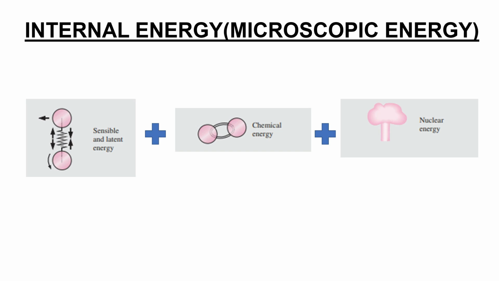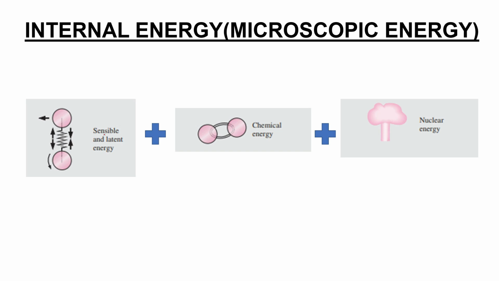Microscopic energy is mainly concerned with the molecules. You have the sensible energy, which includes molecular translation, vibration, rotation, electron spin, electron translation, nuclear spin, etc. All these come under sensible energy.